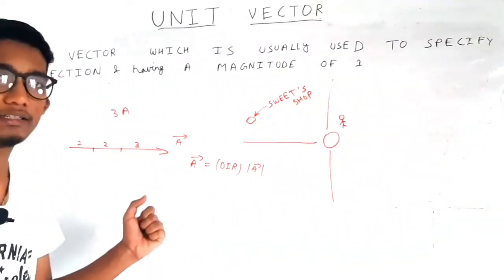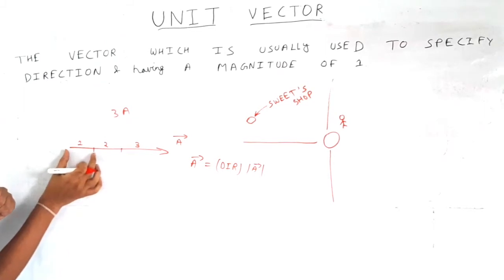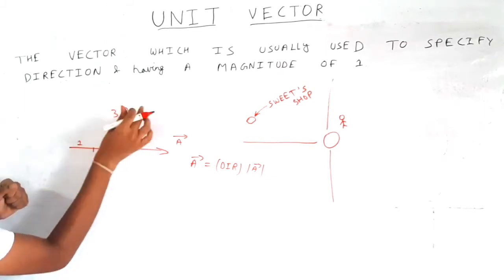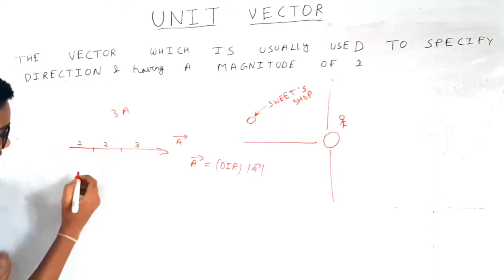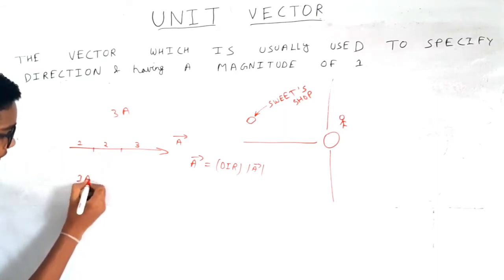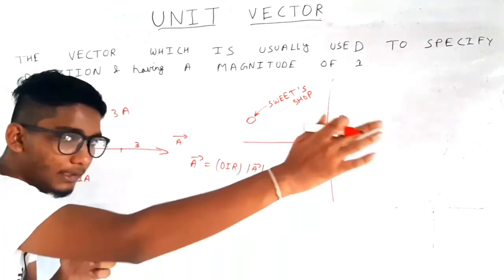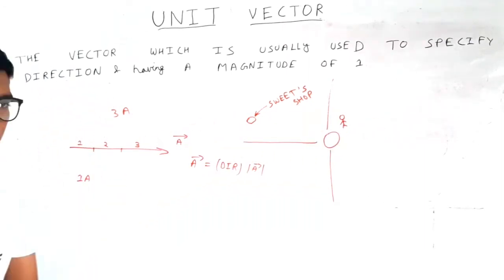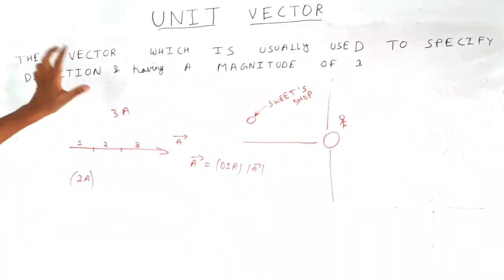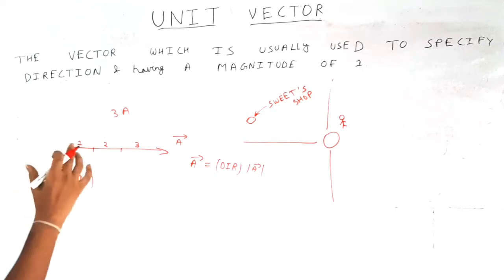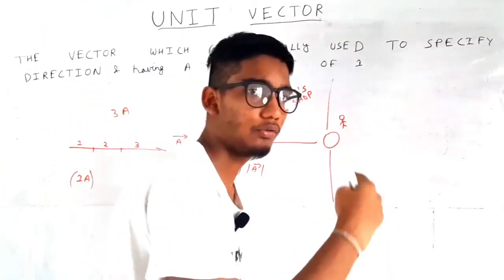From unit vectors we know the direction of A. So we cut out a piece of it: the vector has magnitude 3, then we take out a piece having magnitude 1, which will give the direction of this vector, which direction it is going in. This vector is usually used to give the direction of vectors.